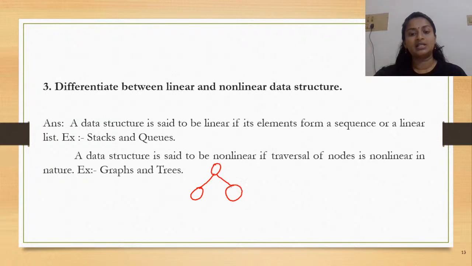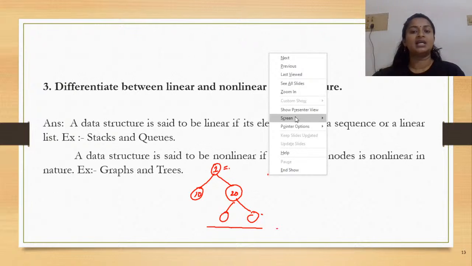The ones in circles are the nodes, and you would have elements inside the nodes. These are all integer values, and this is how it would look. The one at the topmost will be your root node, and the ones at the lowest level are considered to be the leaf nodes. We had already seen that.